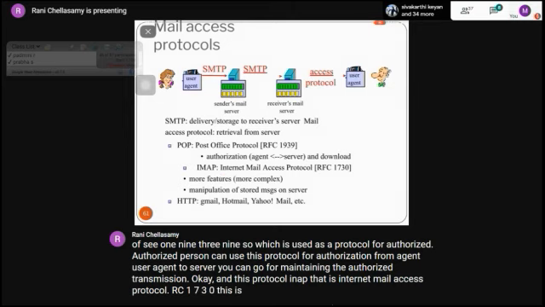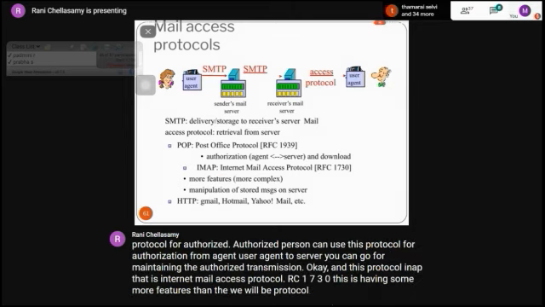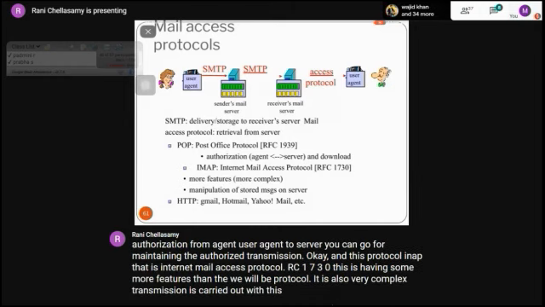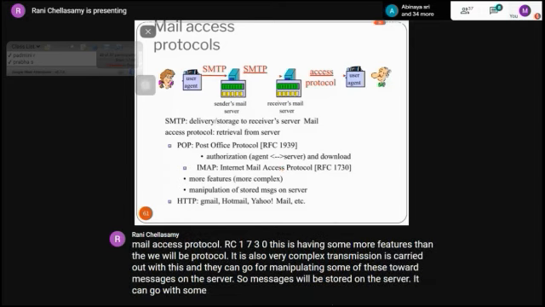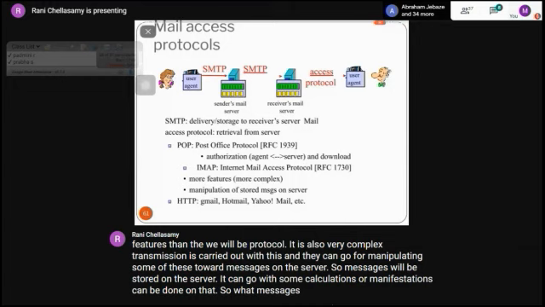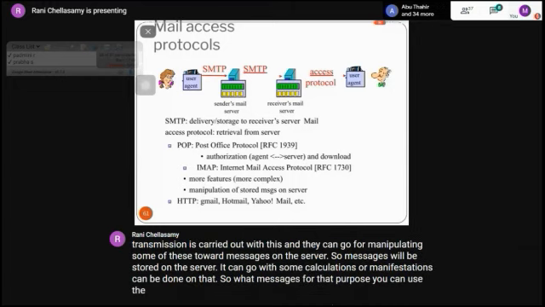It has more features than POP, and more complex transmission is carried out with it. Messages are stored on the server, and you can perform manipulations on those stored messages using IMAP, the Internet Mail Access Protocol.